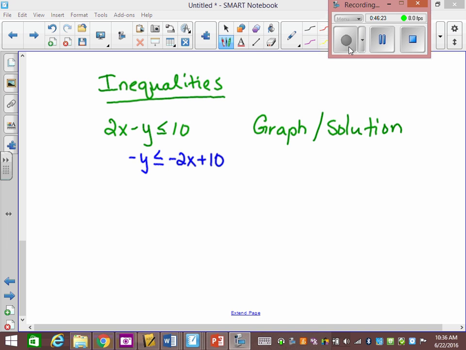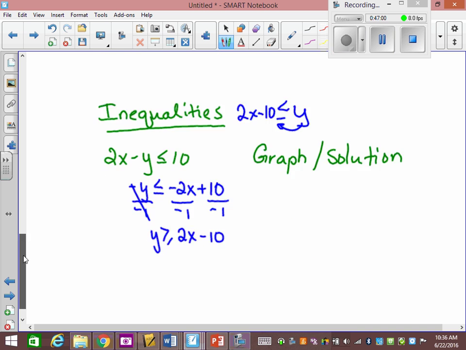However, if you have the y on that side, that rule doesn't work. Either way, it's still greater than. It's just that some people will still think it's less than because they read that as a less than. But you're reading from the y, so this is actually y is greater than or equal to that. I find it easier if people leave the y on the left. Okay? So then we draw the graph.